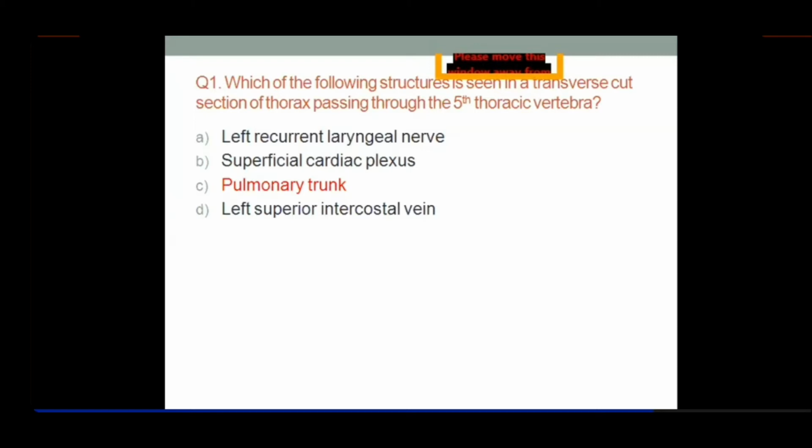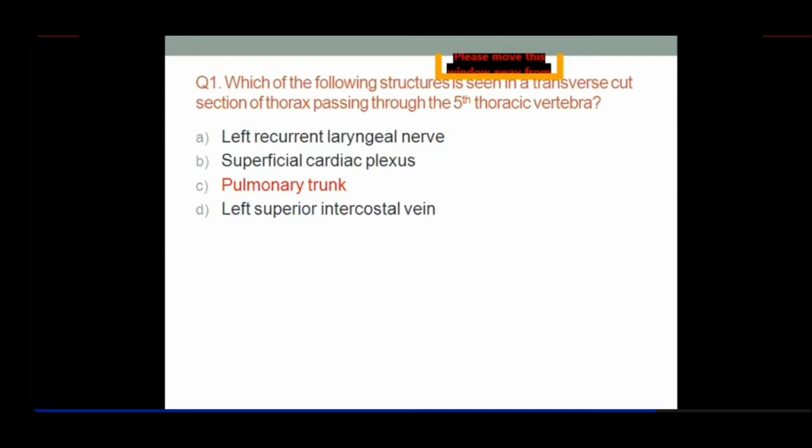The superficial cardiac plexus lies deep and below the arch of aorta, so this will be seen at T4 level. Pulmonary trunk divides into its two terminal branches, right and left pulmonary arteries, just below the plane of the sternal angle. That means pulmonary trunk bifurcates at the level of T5.